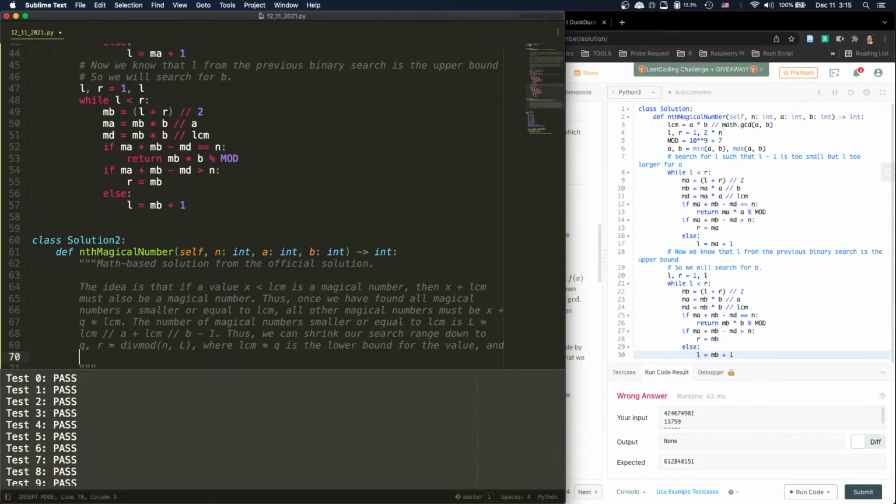And the actual value will be found within R iterations. Right.